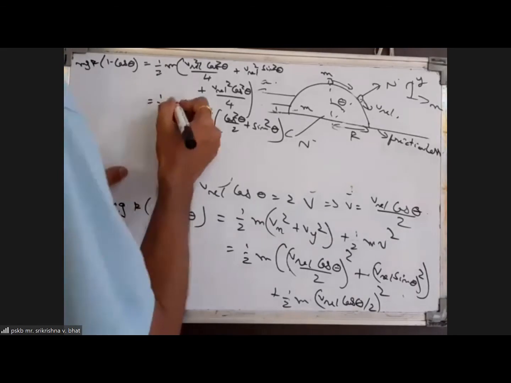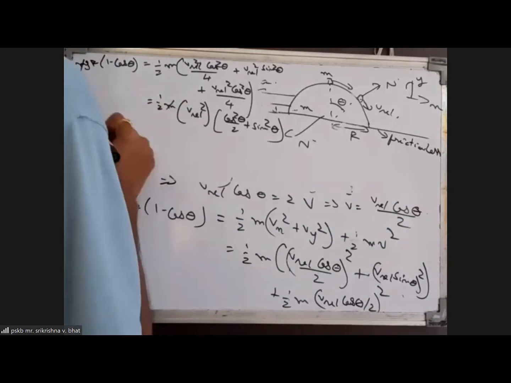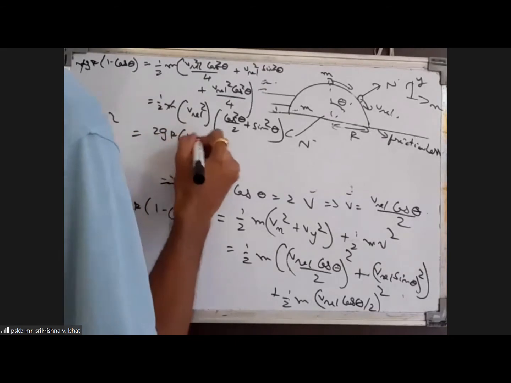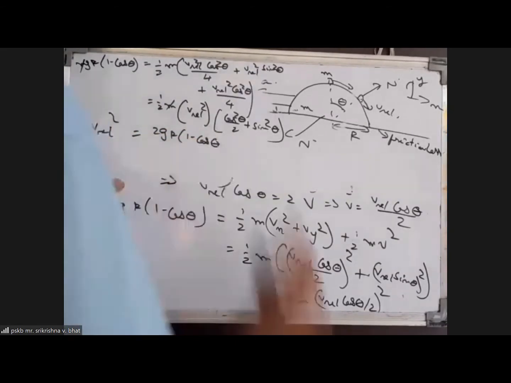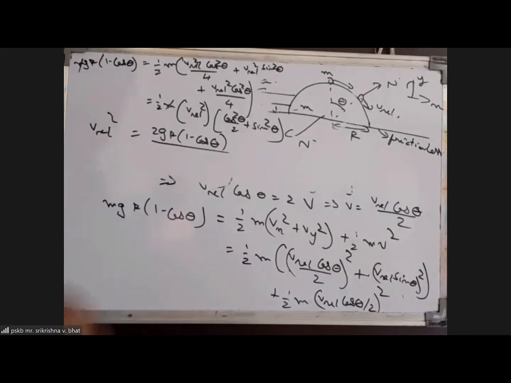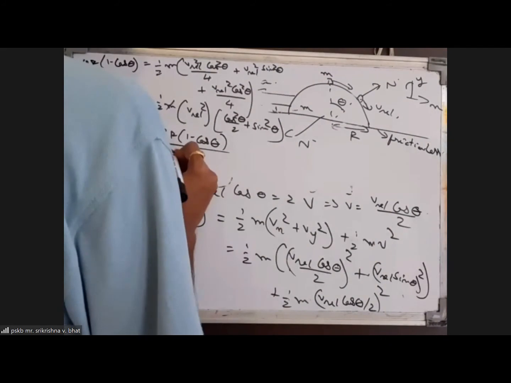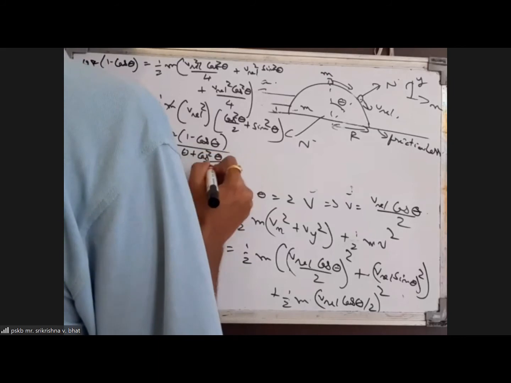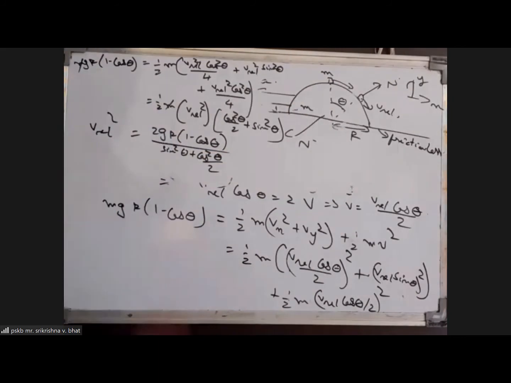So if you cancel off terms, you get v relative square equal to 2gR into 1 minus cos theta divided by sin square theta plus cos square theta by 2. So this is the expression we got for v relative square, for any general theta.